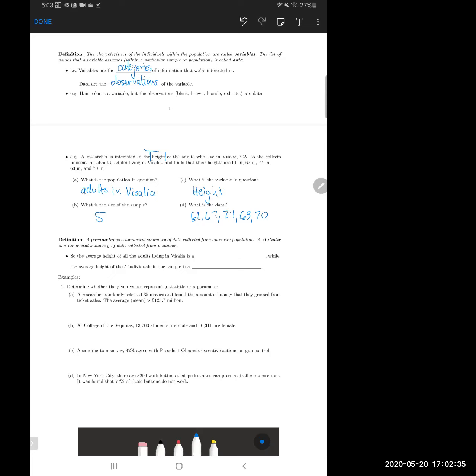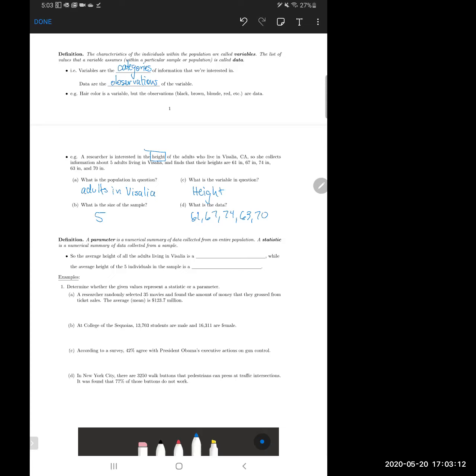Another set of definitions that will be useful for us, and these are words that we'll use throughout the semester, are parameters and statistics, okay? So a parameter is a numerical summary of data collected from an entire population. So if you knew the height of every individual in Visalia, right, then the population mean of those heights would be a parameter, right?